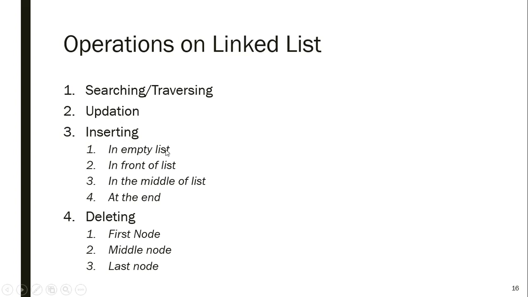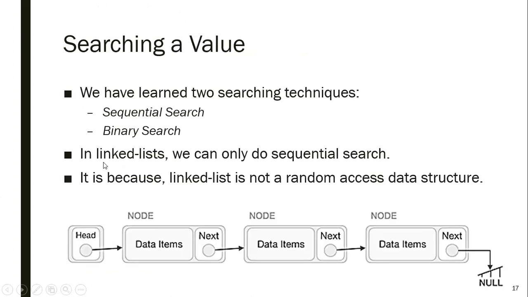We can insert when initially the list is empty, so it means we are going to create the first node, or if we have some nodes, then we are going to insert a node in front of the list, or in the middle of the list or at the end. And similarly we can delete the last node, the first node, the middle node, anything. So we'll go through the algorithms of all these operations, and we will see how it happens.